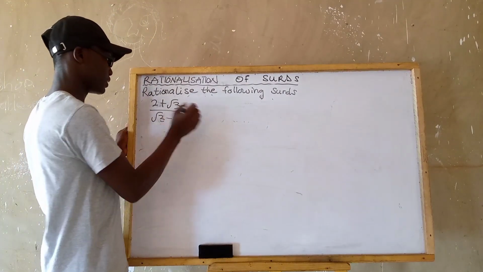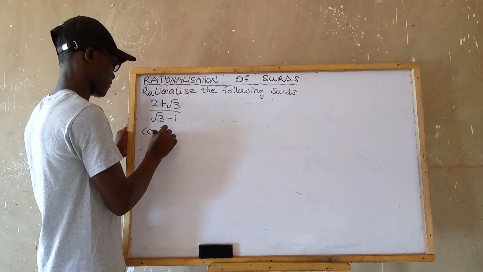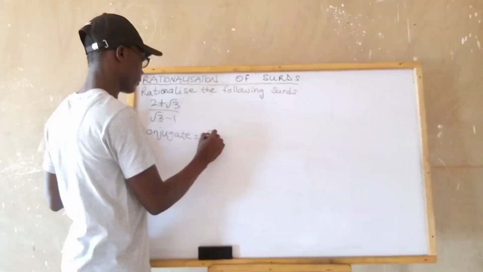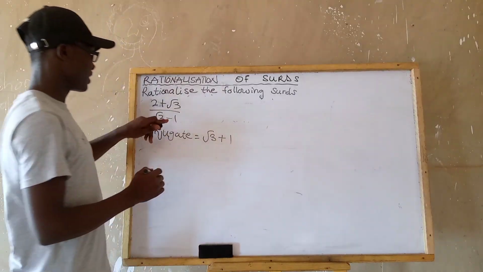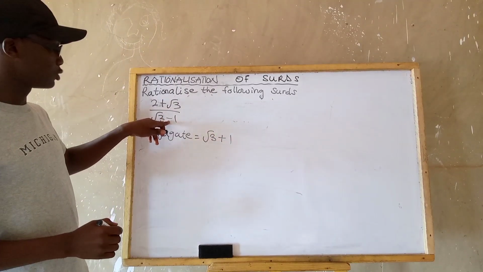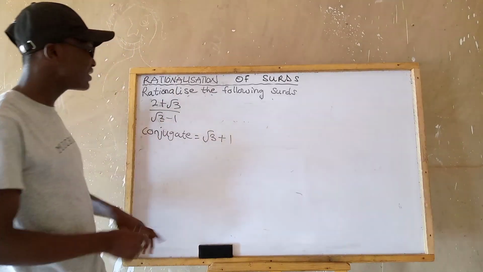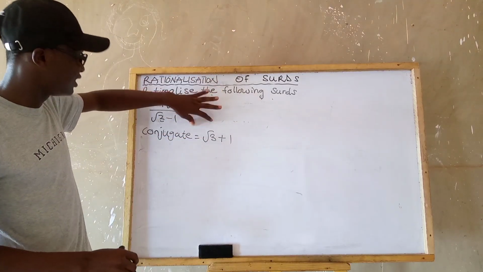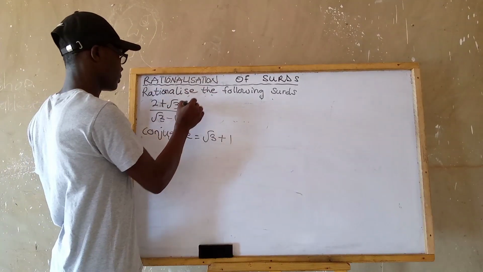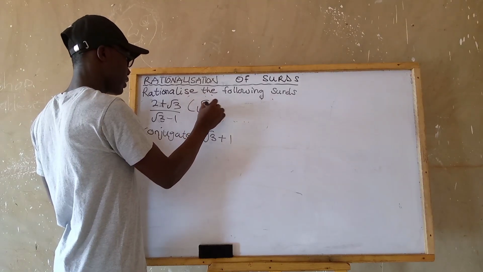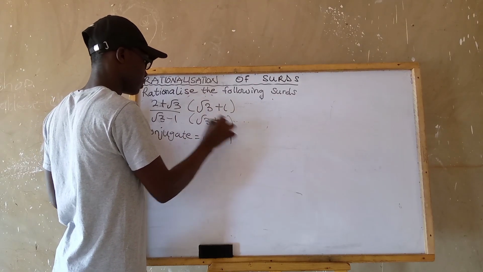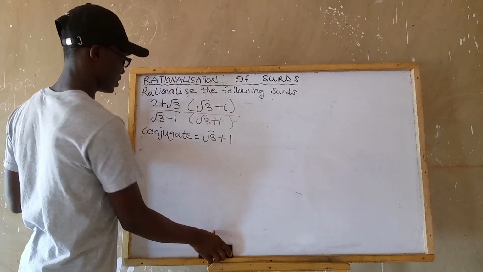The conjugate is root of 3 plus 1. Just change the sign to plus. And then multiply this conjugate by the numerator and also the denominator to give us root of 3 plus 1 and then root of 3 plus 1. Something like this.